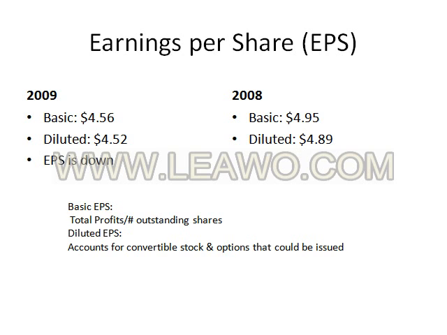Diluted EPS. In 2009, diluted EPS was $4.52, and in 2008, $4.89. The diluted EPS figure is lower because this accounts for convertible stock, stock options, and warrants that could be issued if the holders wish to exercise that option.